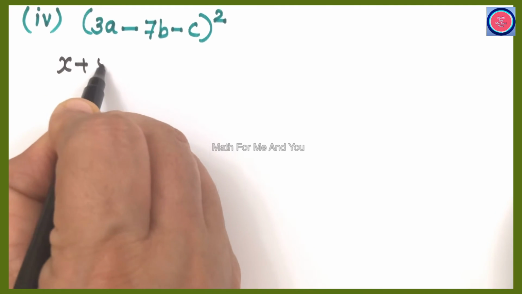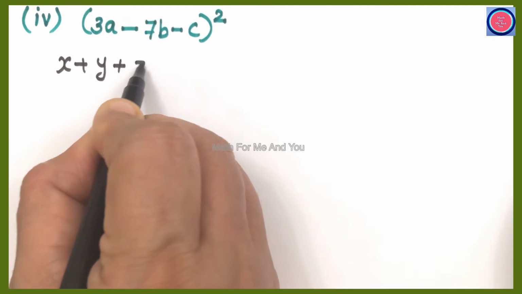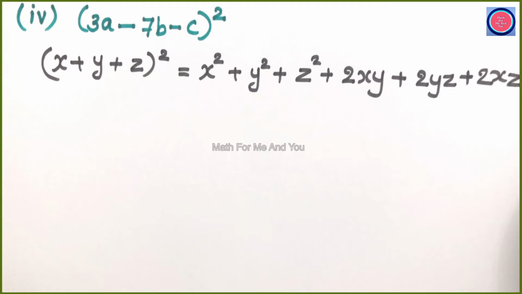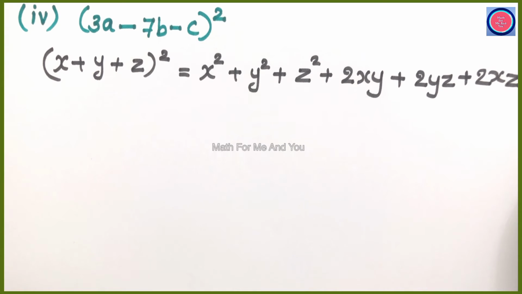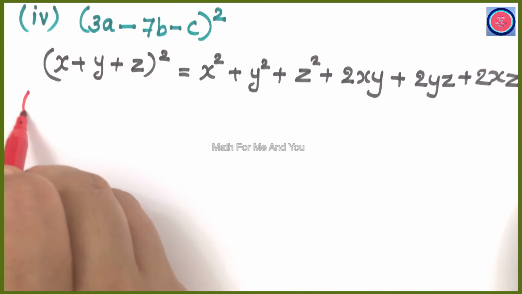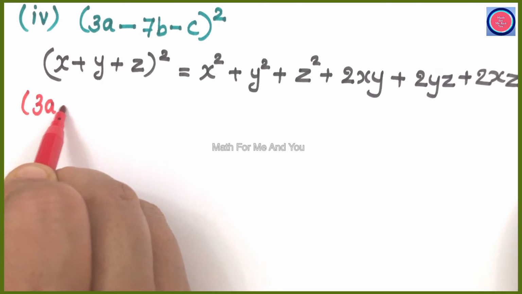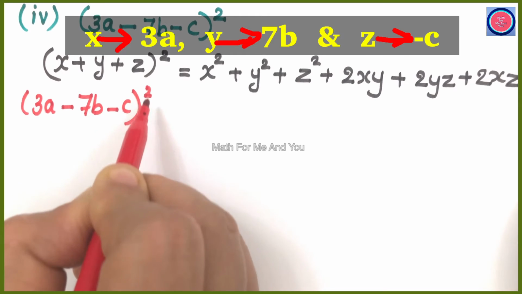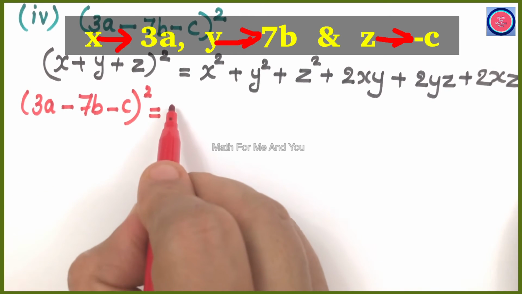So we will write first the identity (x plus y plus z) the whole square, which is equal to x square plus y square plus z square plus 2xy plus 2yz plus 2xz. After that we will write this question (3a minus 7b minus c) the whole square below the identity. Then we will compare. When we compare, we have to change x with the term 3a, y with -7b and z with -c.